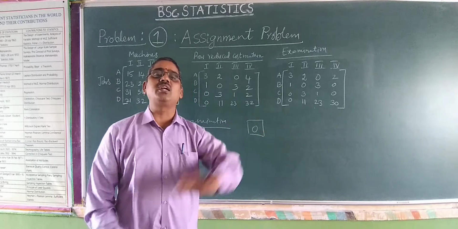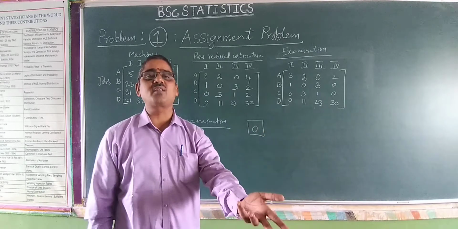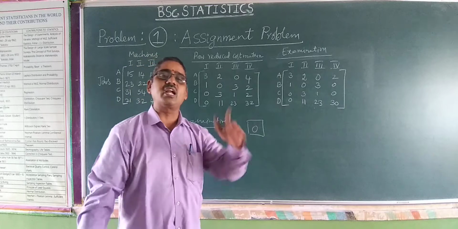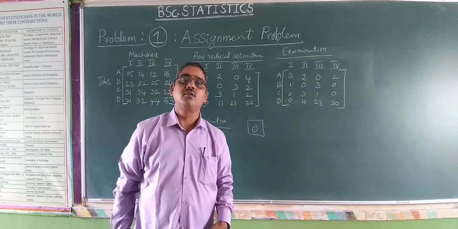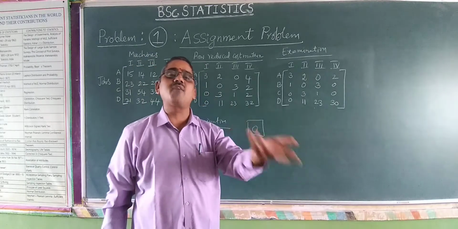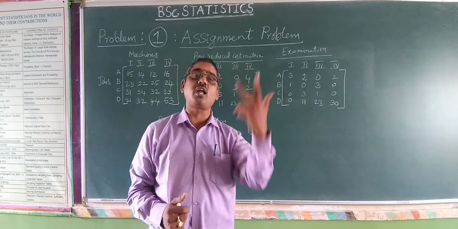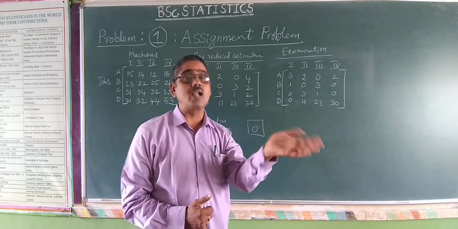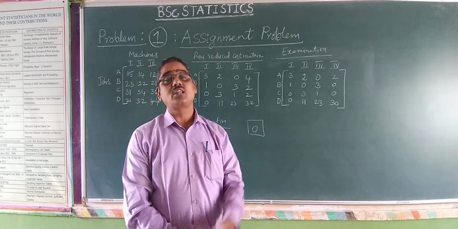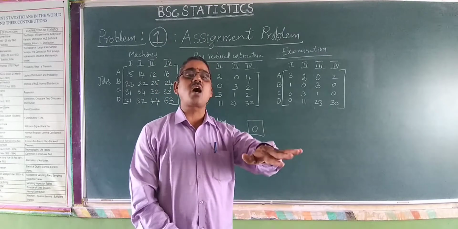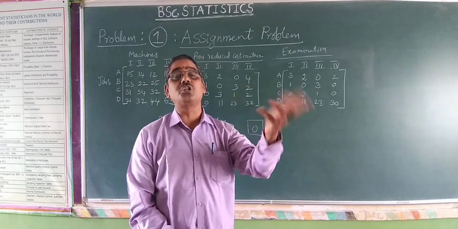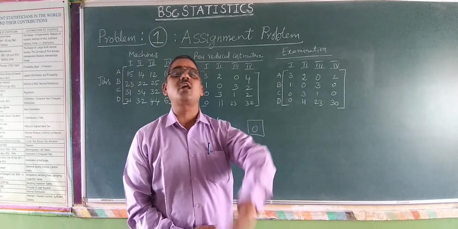And then move to the second row. You observe the same thing. Examine whether the second row has a single zero or not. If you don't have a single zero, if there are 2 zeros, more than 1 zero, then leave the row and go to the next row. Third row: if the third row is also having more than 1 zero, 2 zeros or 3 zeros, then again move to the next row.